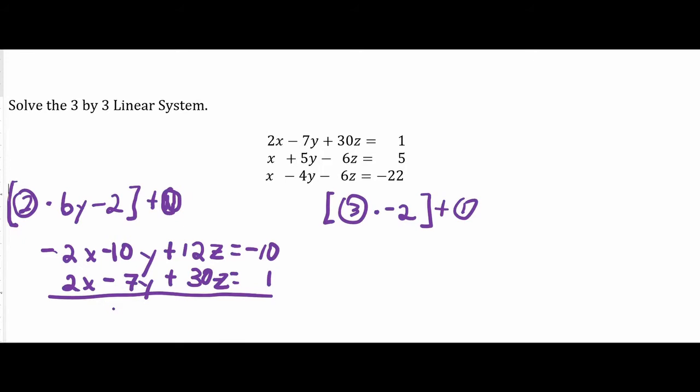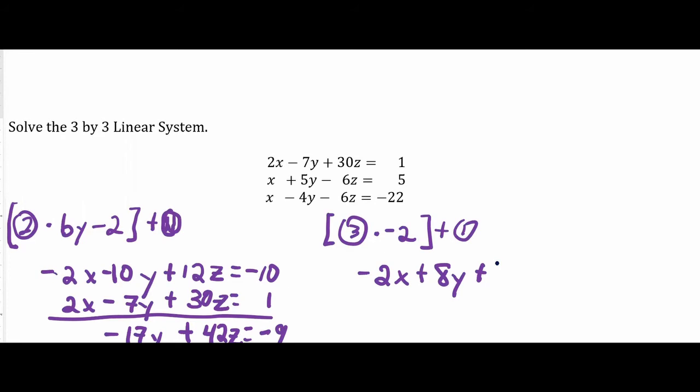Our x's cancel, and we have -17y plus 42z equals -9. Whereas if we multiply equation 3 by -2, all terms on both sides of that, plus a 12z, and multiply the -22 by -2 as well. We're adding to that equation 1 left alone.